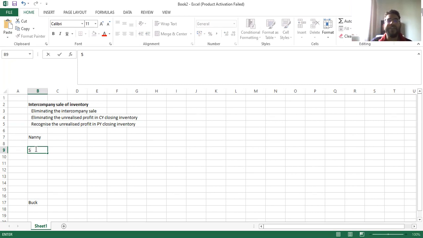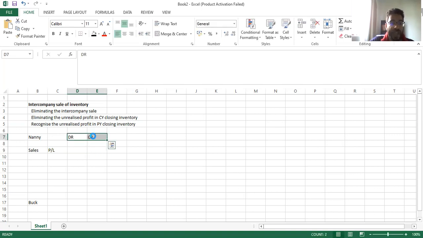We have to decrease sales. Sales decrease on the debit side. So we'll have sales, which is included in P&L, debit, credit. Remember, that's not the actual answer. I'm just doing this as if it is a subsidiary, then I'll show you the actual answers so you can see the difference.